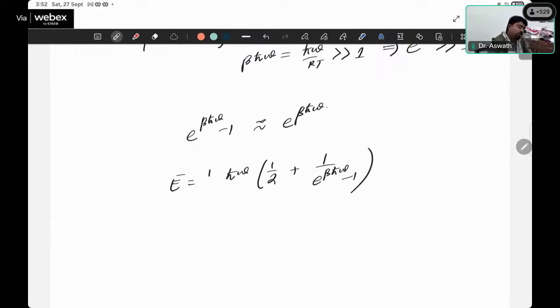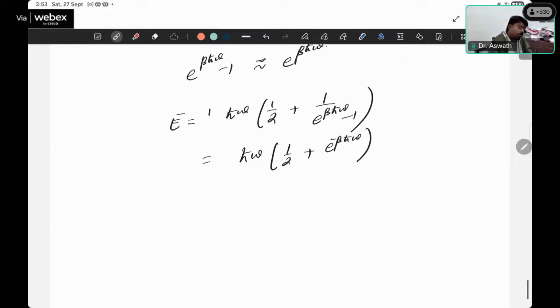This was the expression. So now h omega into half plus exponential minus beta h omega, because the minus sign comes from the denominator going to the numerator.